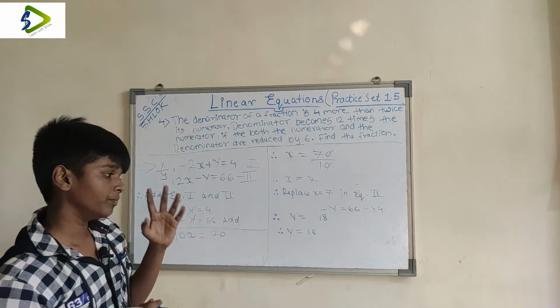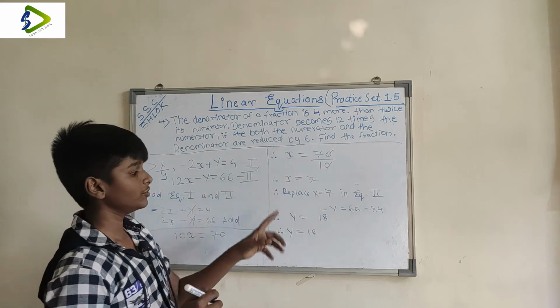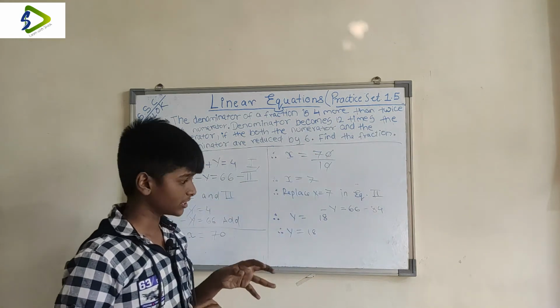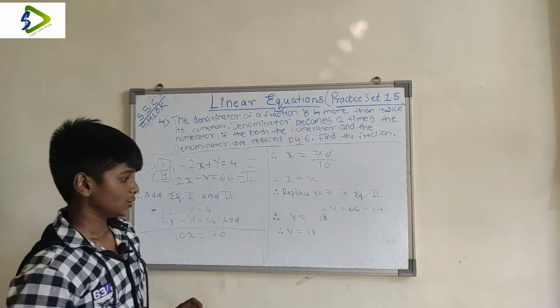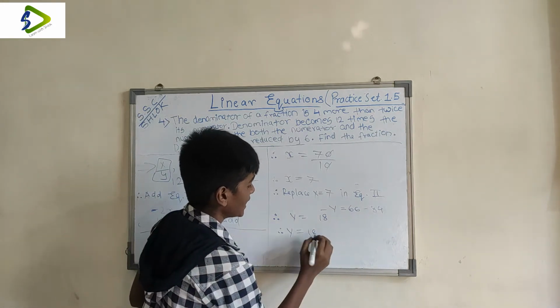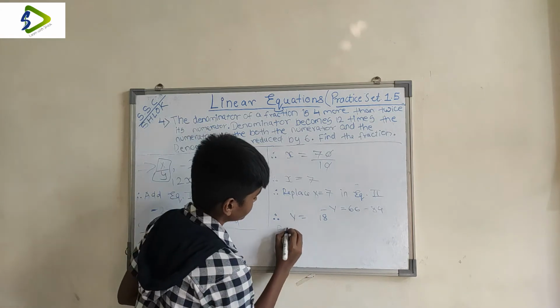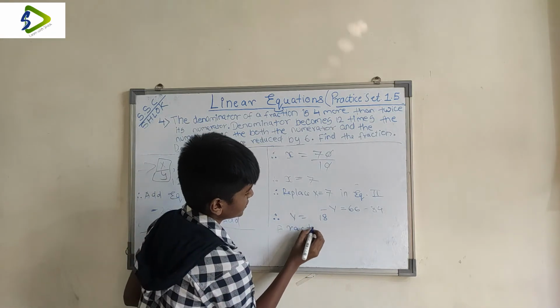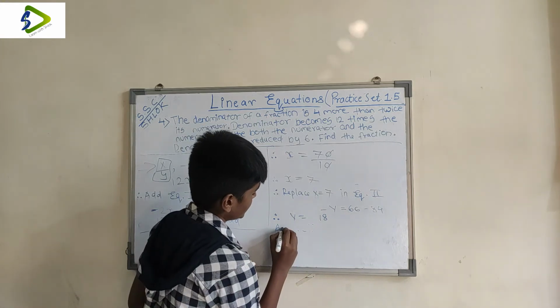But again I am telling you, you have to read the question properly. They are not asking to find x and y, they are asking to find the fraction. What is the fraction? We know x by y. So the fraction, I am writing it as the final answer.